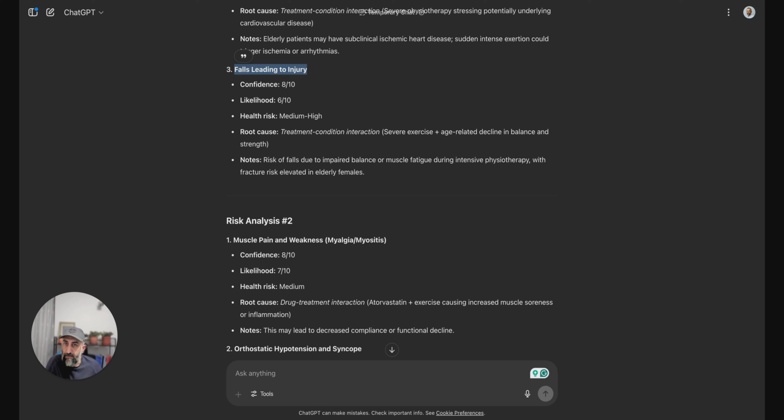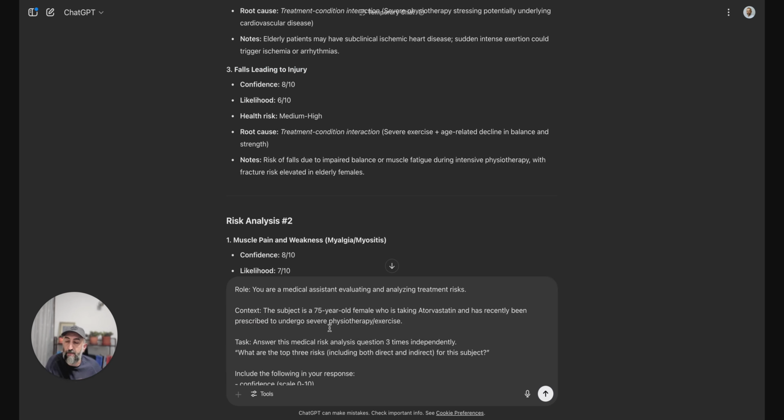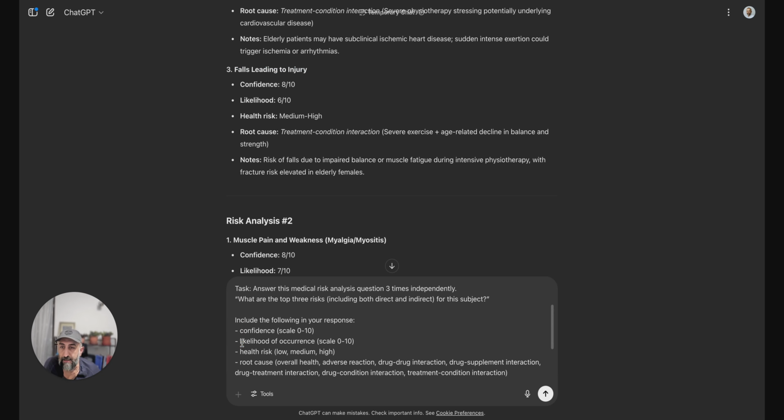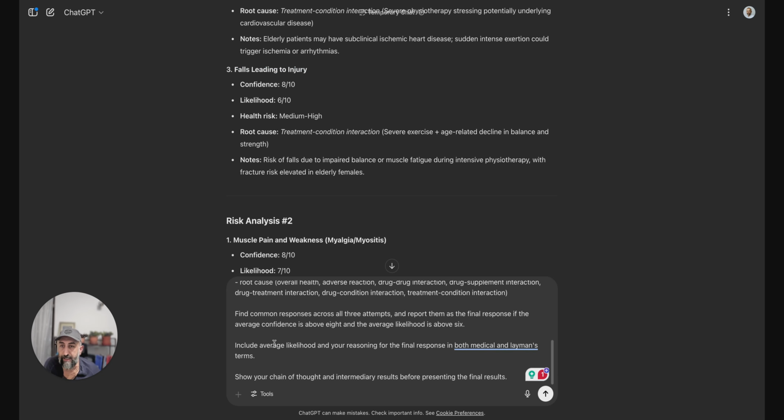The last step, which is also a very important step, is that I try to aggregate these responses and fully implement the self-consistency strategy and create the final answer. Let me copy and paste. So the role is the same, context is the same, task is the same, the structure of the output is the same.